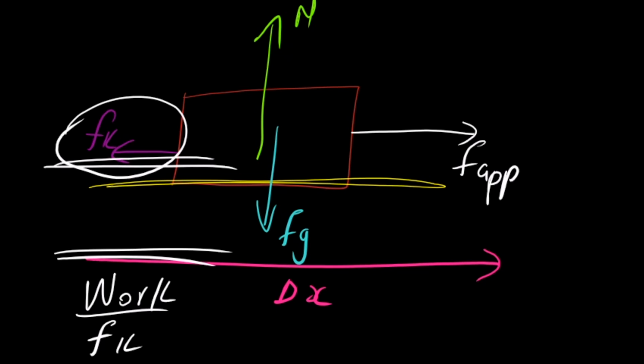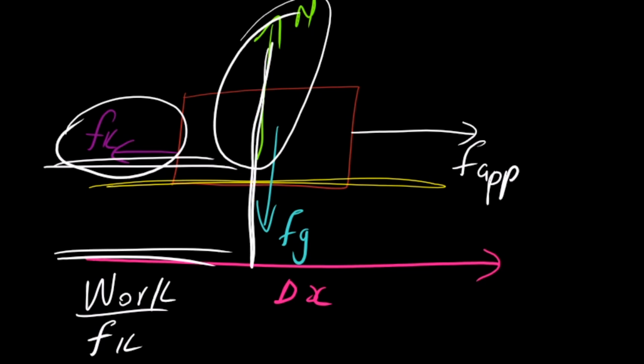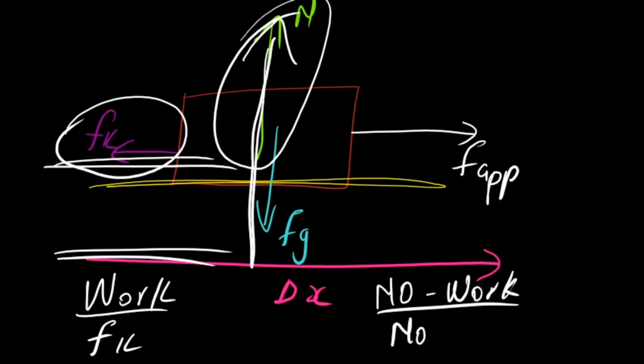Now we look at the normal force. You can see that the normal force is perpendicular to the displacement of the object, so there is no work. The normal force doesn't do any work on the object.